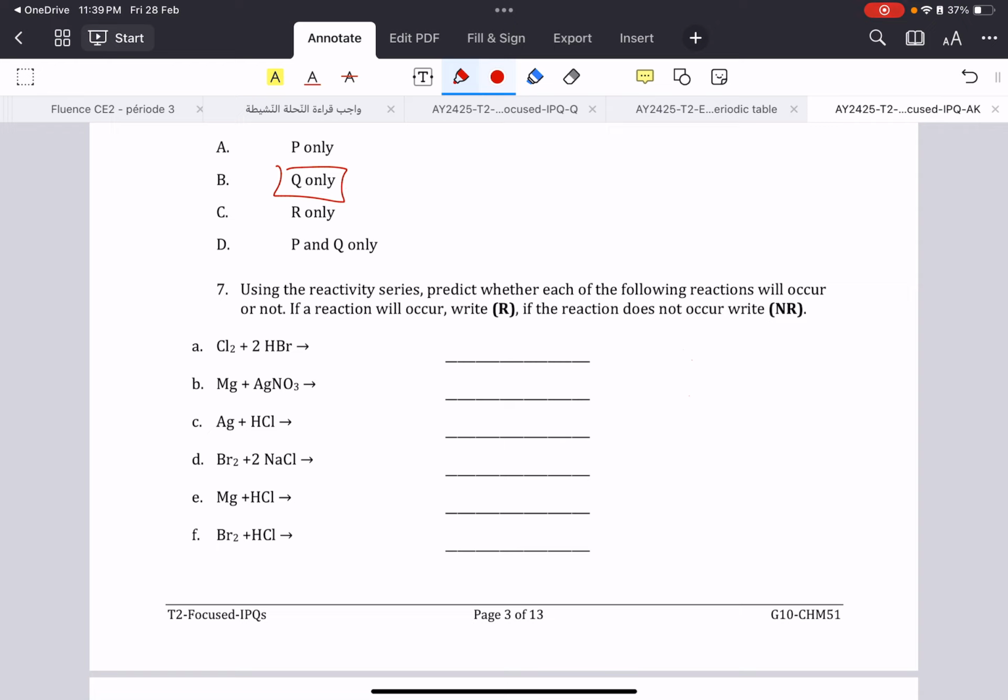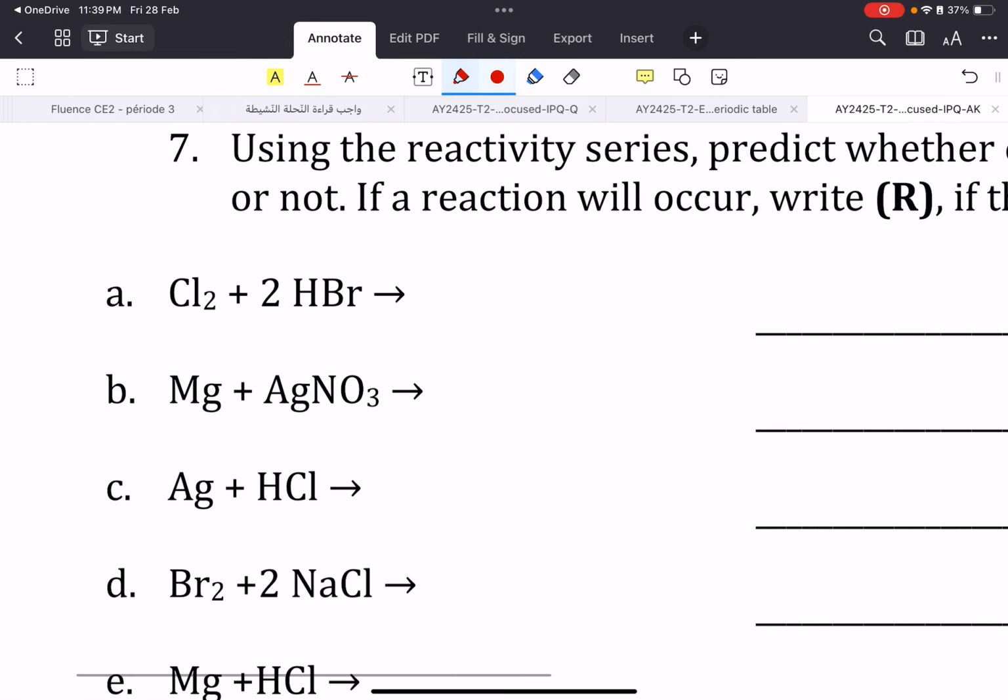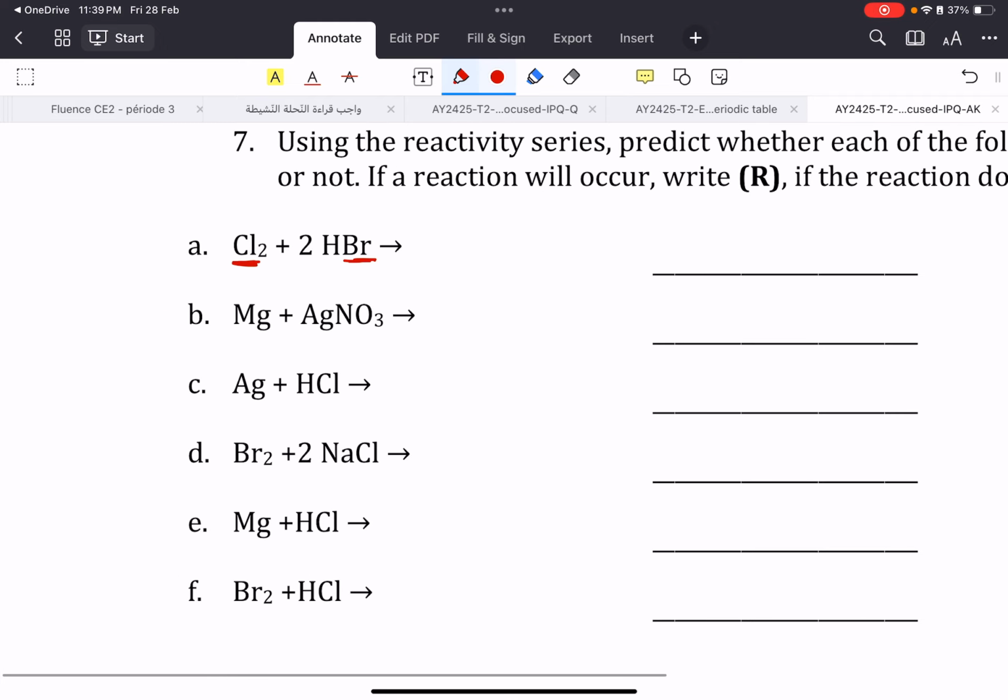One second, I'm just trying to open one table because here I have Cl and Br. These are non-metals, so I need to check if chlorine is more reactive than bromine. I'm trying to get you a table where I can see the non-metals as well.